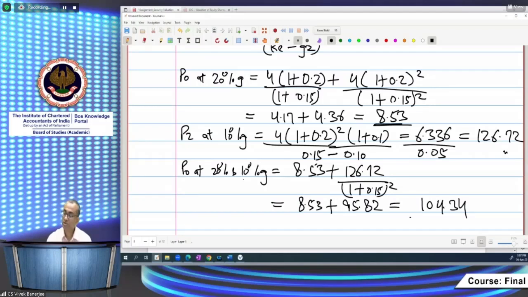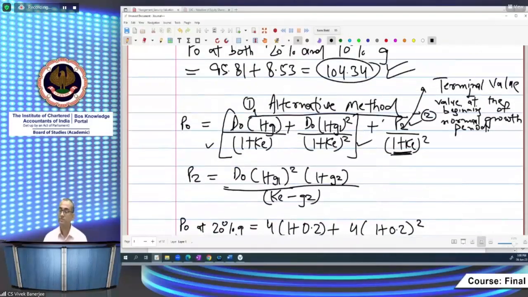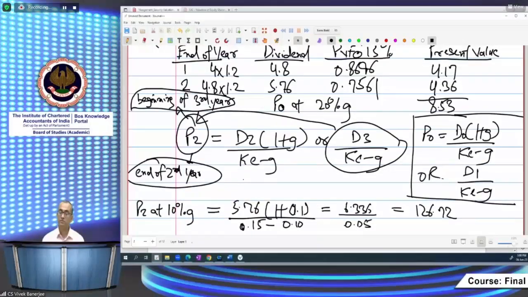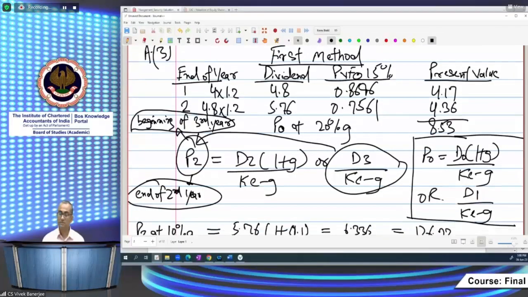So it is coming to about the same level, 104.34. That is the first method.